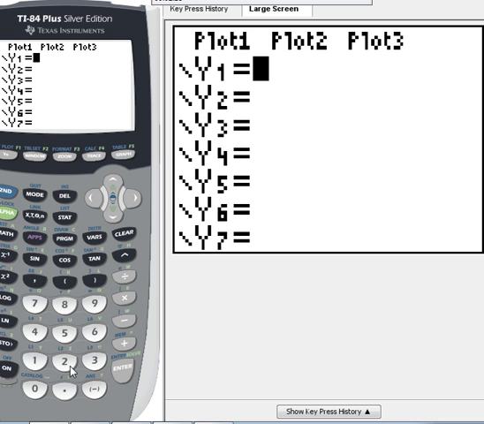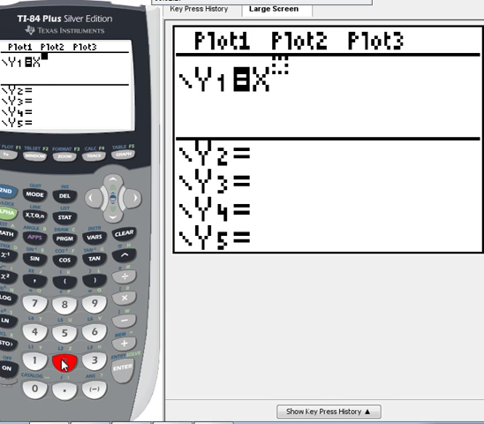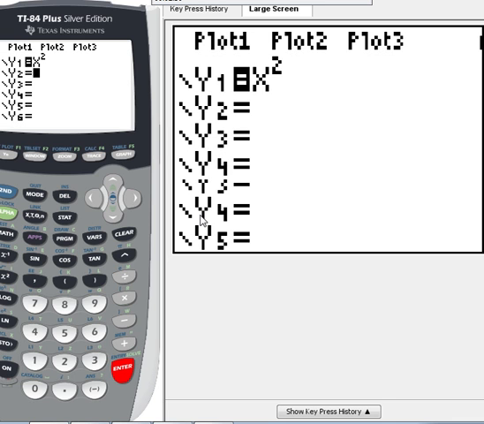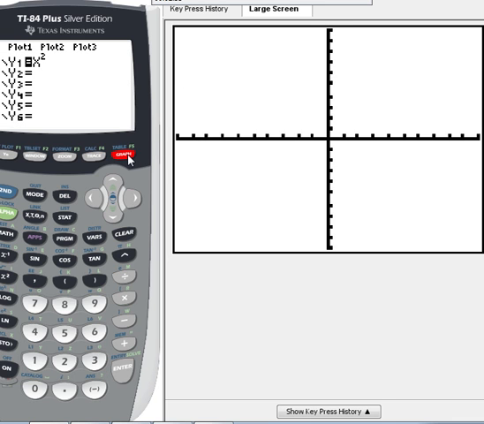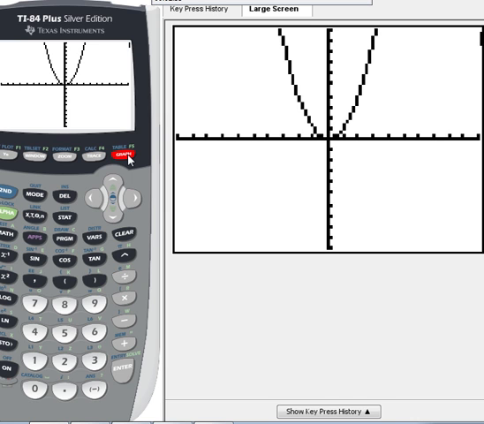I'm going to type in the parent function first, which is x squared, and hit enter. Now I'm going to graph my parent function just so I can see what it looks like. Ta-da! And that shouldn't be any surprise to anyone.